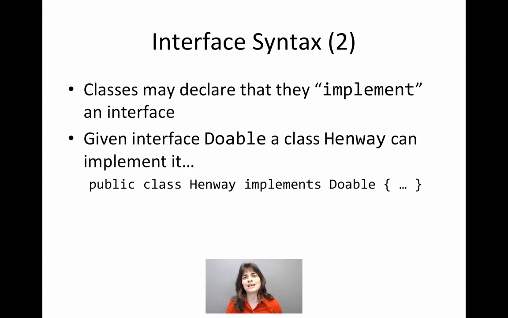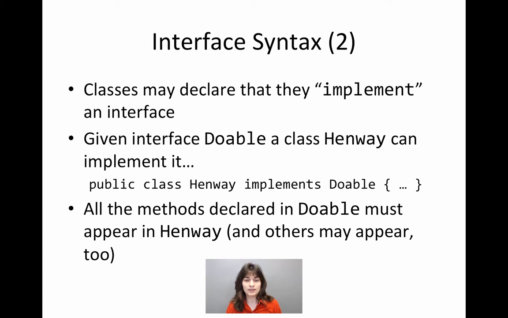Now, when a class declares like that in its header that it is implementing a particular interface, then it has to implement, to provide a body for, all of the methods that are defined inside the interface that it is implementing. That class can also have other methods as well, but it needs to at least have all of the methods that the interface specifies.